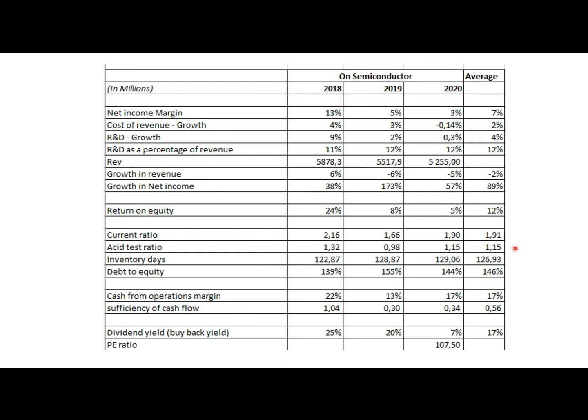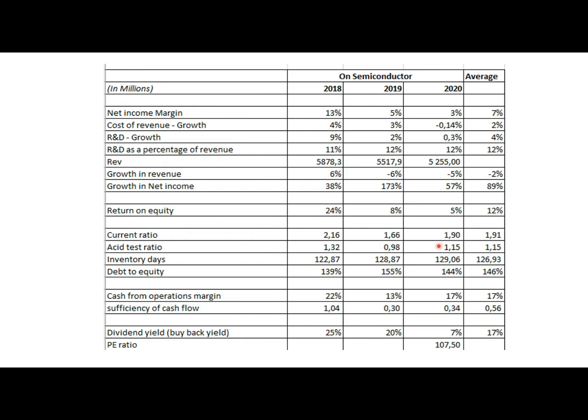When I look at it as a dollar value, considering the asset test ratio is basically the current ratio minus inventory. So without inventory, it holds 1.15 times liquid assets when compared to liabilities.